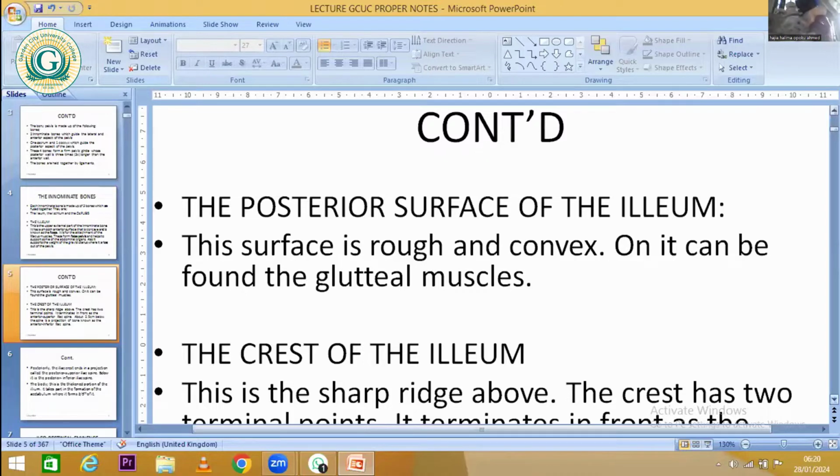Once I'm having the pelvis, maybe I can go ahead and describe it so that we don't waste so much time. Now watch.